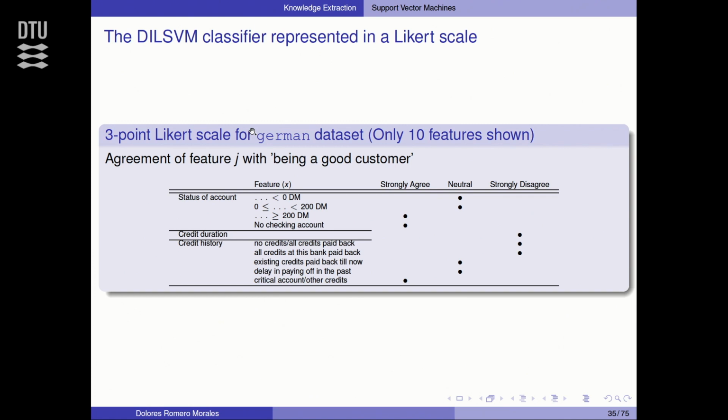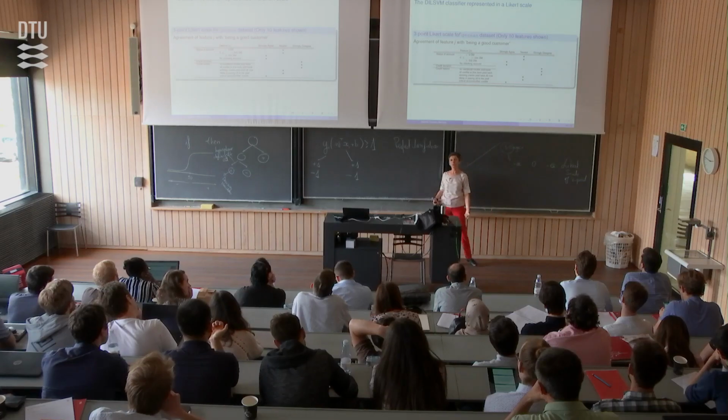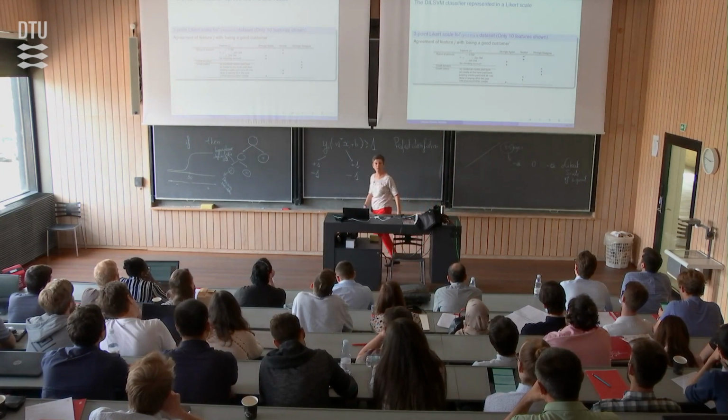For every predictor variable, we are showing you whether the variable was agreeing with being a good customer or not. So agreeing would be when the coefficient that you saw in the variable was pointing towards the positive class. And this green is when it was pointing towards the negative.